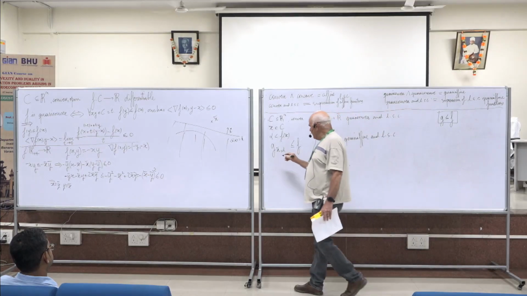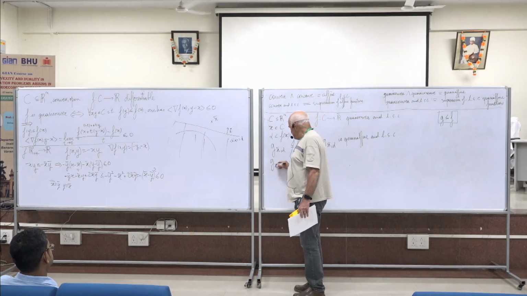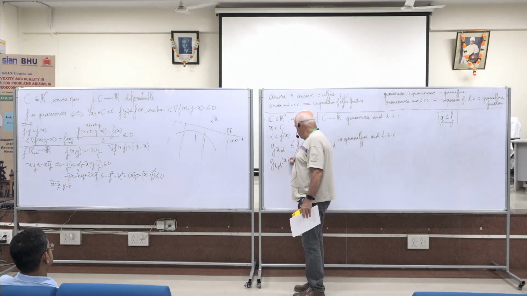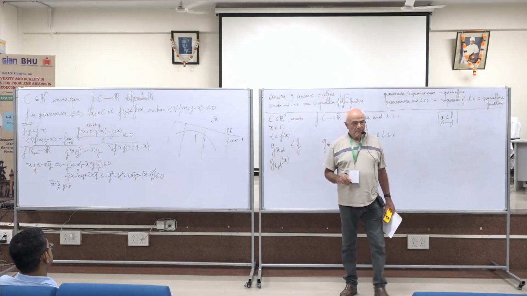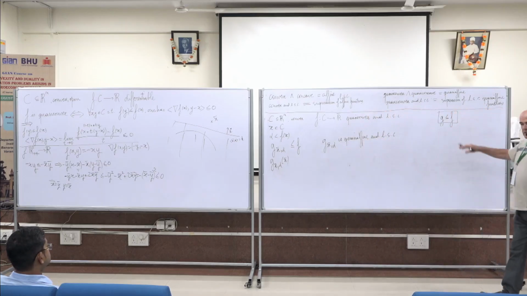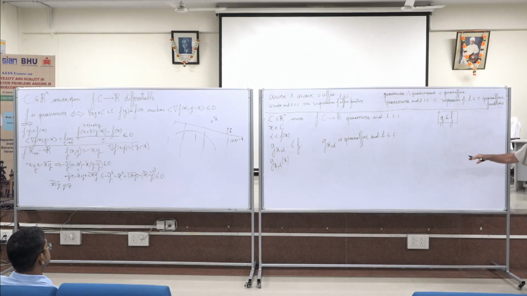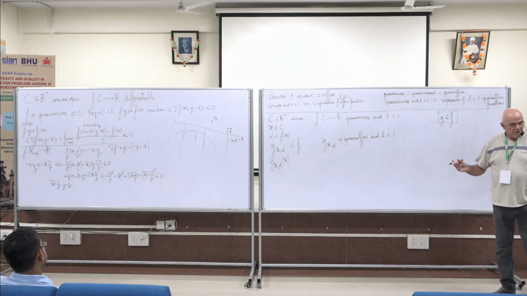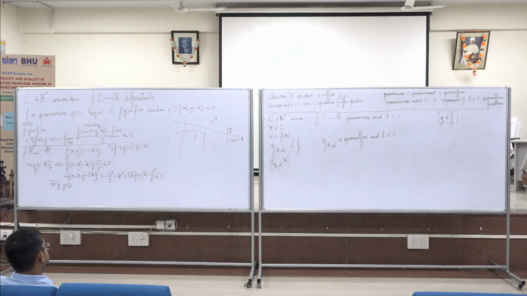And what is the value this function takes at x bar? Well, unfortunately, I erased the definition of the function, but probably you have it in your notes. So what is the value that function takes at x bar?